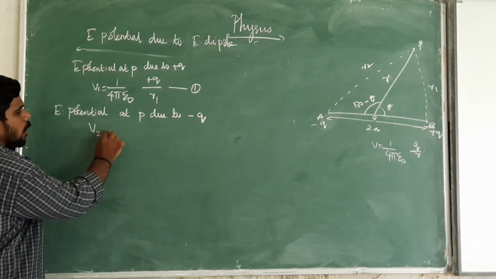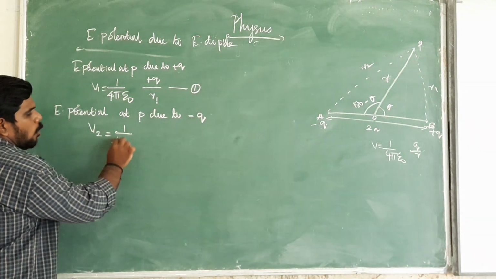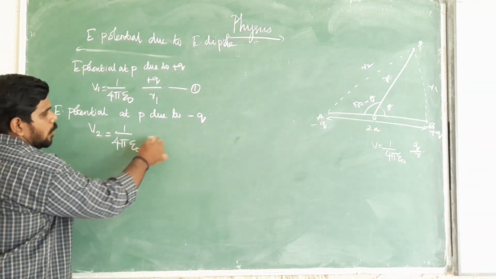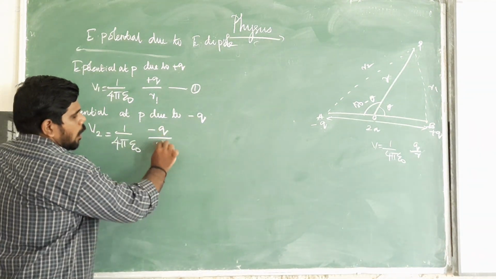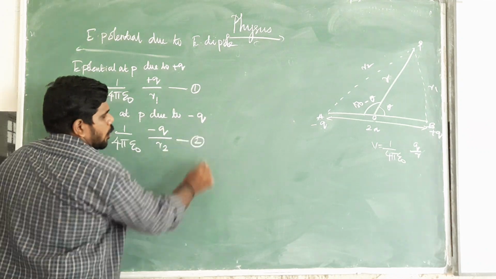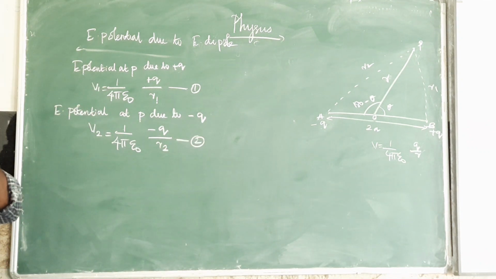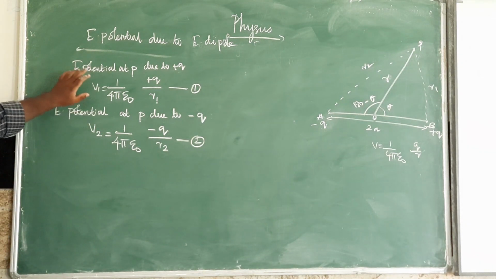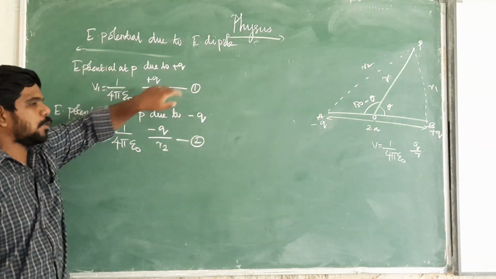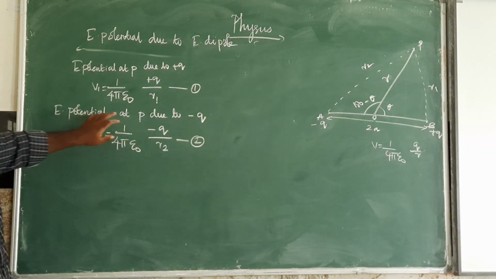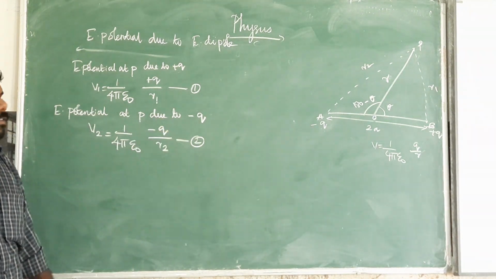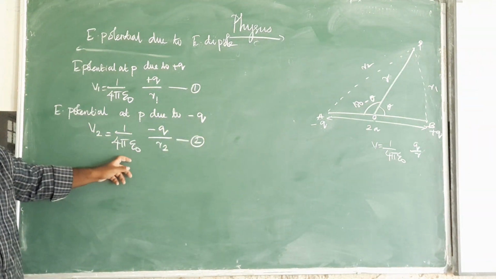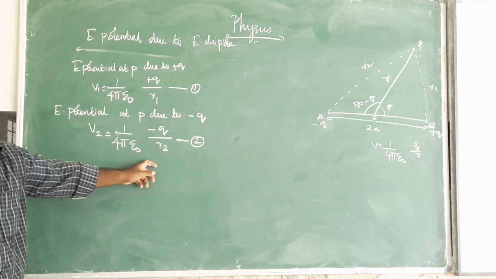V2 is equal to 1 by 4 pi epsilon 0 minus q by r2. Equation number 2. Clear? So first we find the electric potential at P due to the positive charge, and second we find the electric potential at P due to the negative charge. V2 is equal to 1 by 4 pi epsilon 0 minus q by r2.